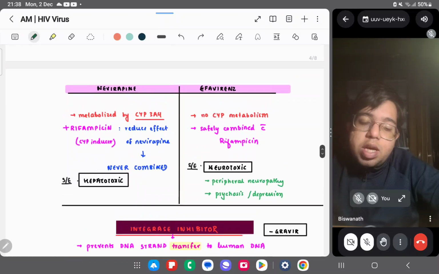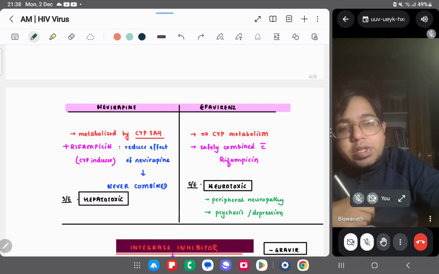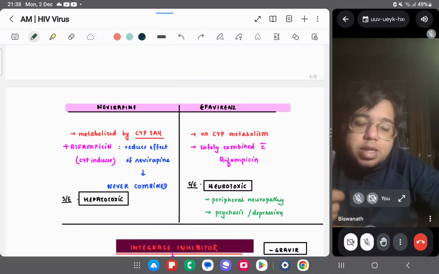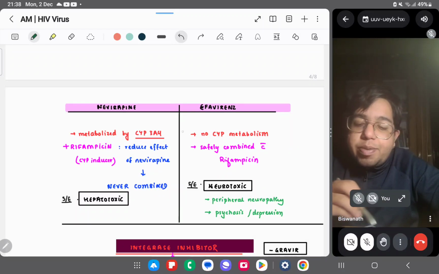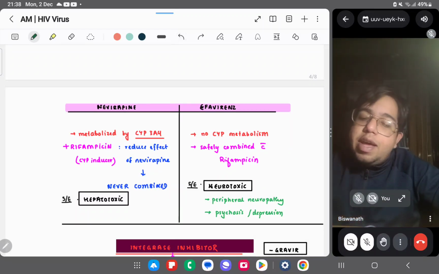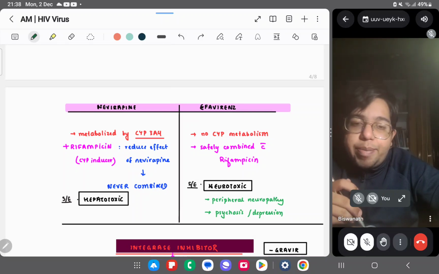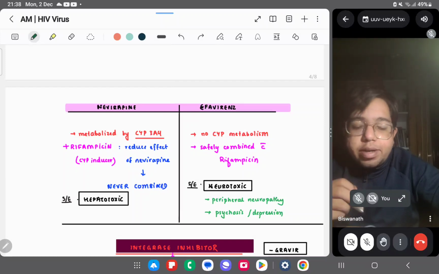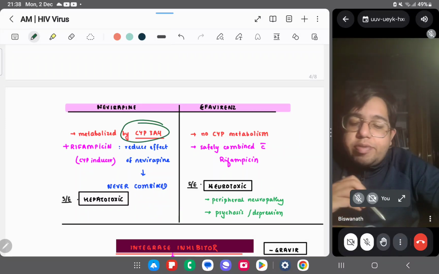Let's see nevirapine and efavirenz in a different format because it's asked. Nevirapine is a CYP metabolized product, metabolized by CYP3A4. Efavirenz has no CYP metabolism. Some books write that it is metabolized by CYP 2C19. In your KDT, it is written.